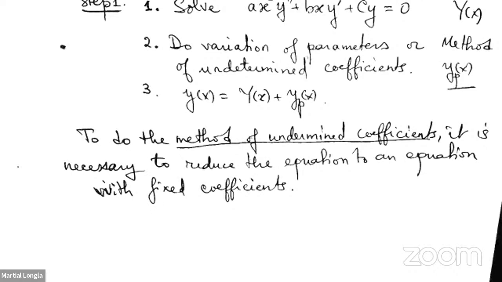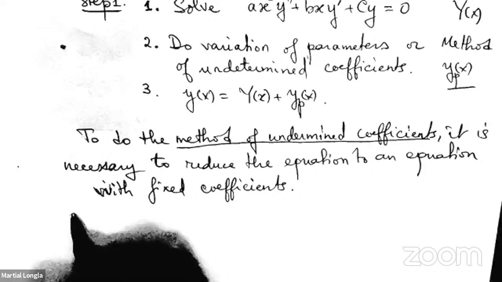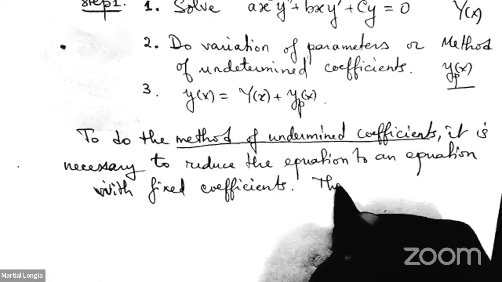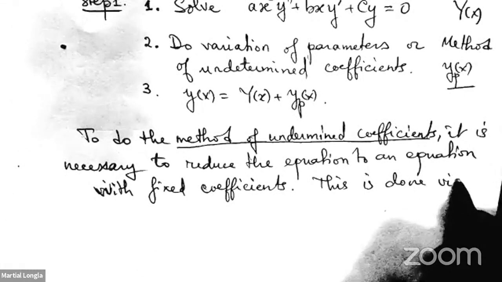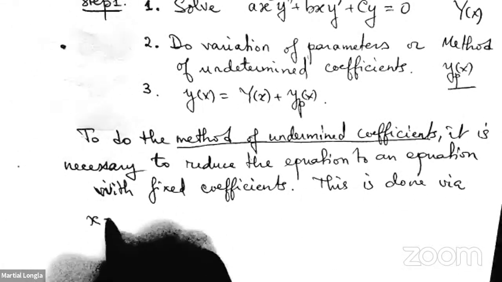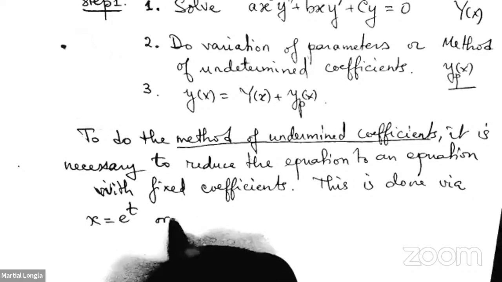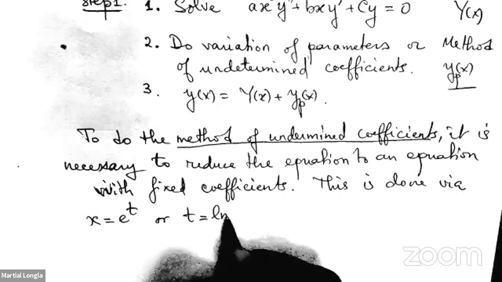How is that done? That is done by having a substitution. We substitute x equal e to the t, or t equals natural log of x.